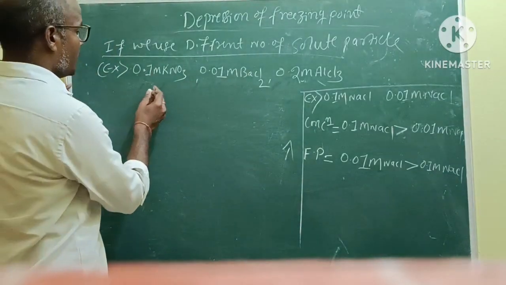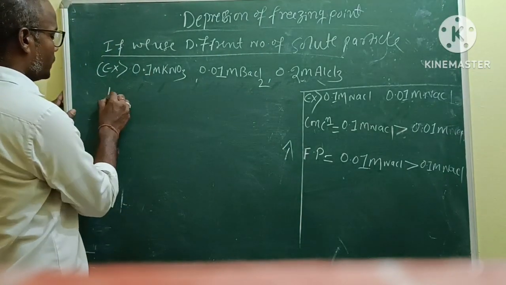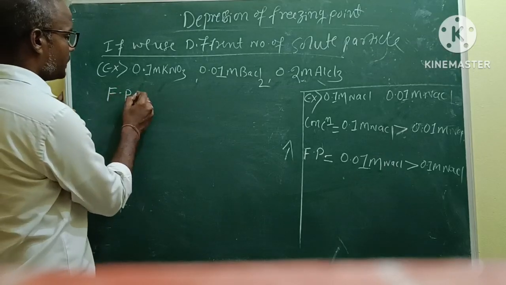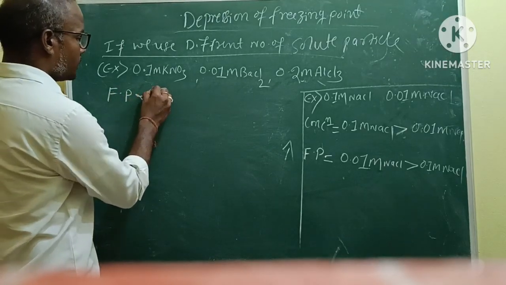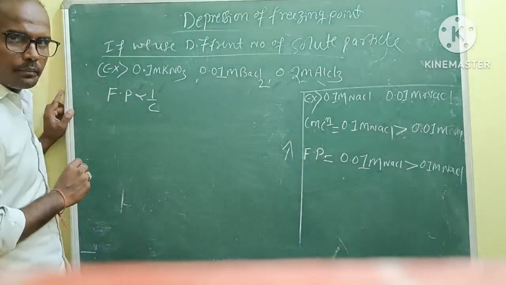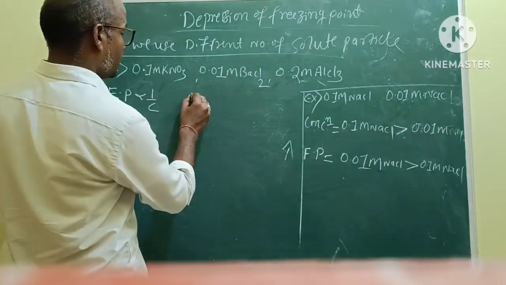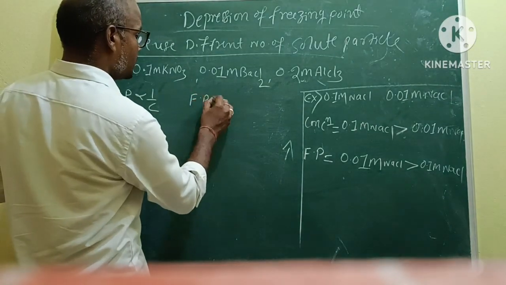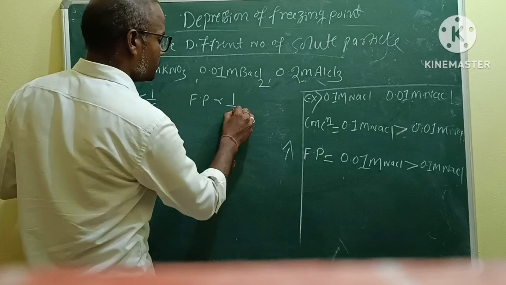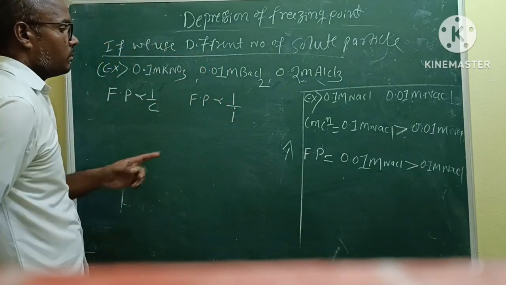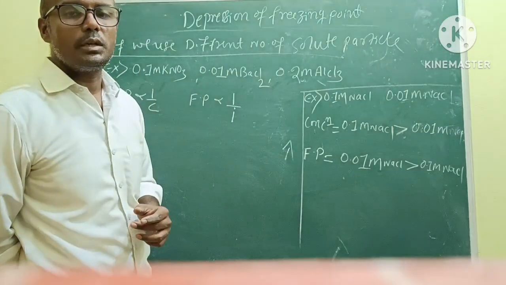First we have to know that the freezing point is inversely proportional to concentration. And one more thing, the freezing point is inversely proportional to the number of particles associated or dissociated.